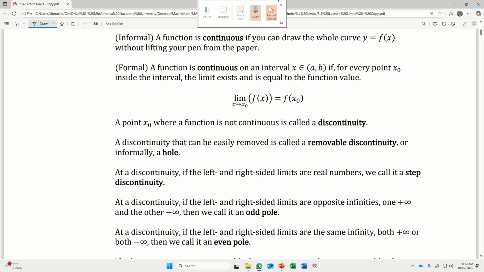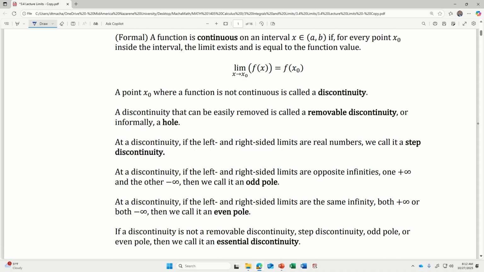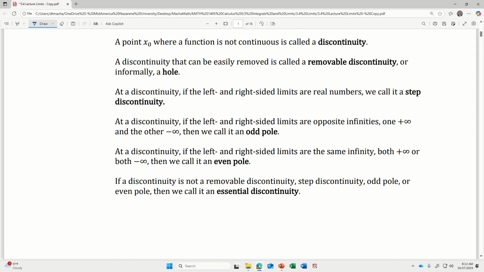If you've got a point where the function is not continuous, either because the left-sided limit and the right-sided limit aren't the same, or because the limit exists, but the function has a different value from the limit, if either of those are the case, that point is called a discontinuity. And discontinuities can come in a bunch of different types.